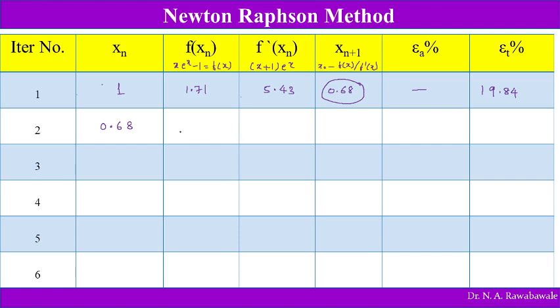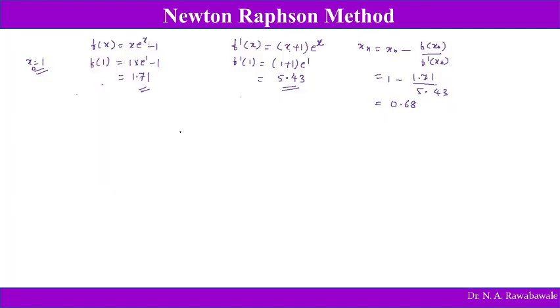Now we again find the function value. So f of 0.68 we find out, the revised value of x naught now being 0.68. If we substitute 0.68 e to the power of 0.68 minus 1, on simplification f of 0.68 gives us 0.3422.